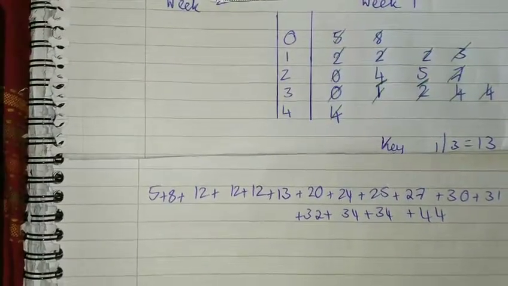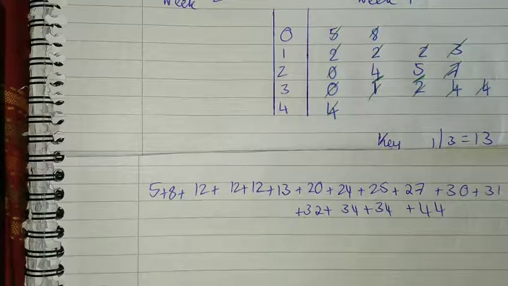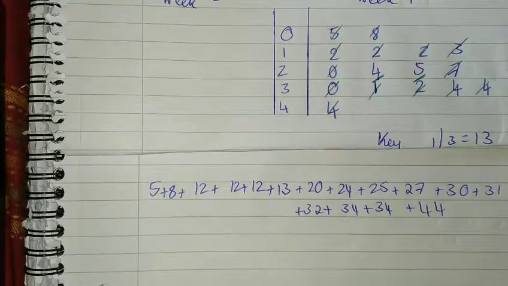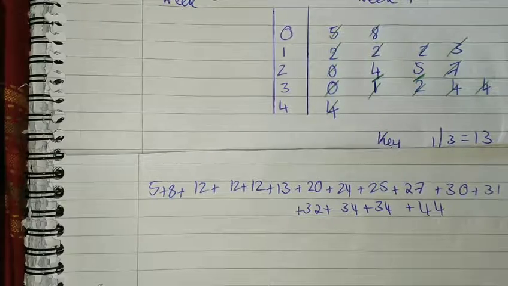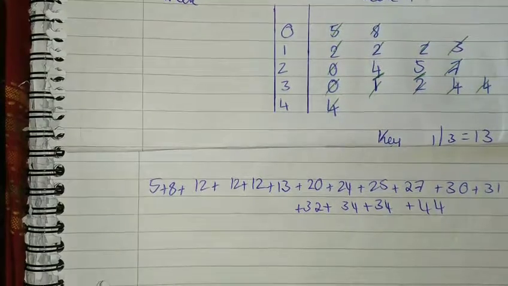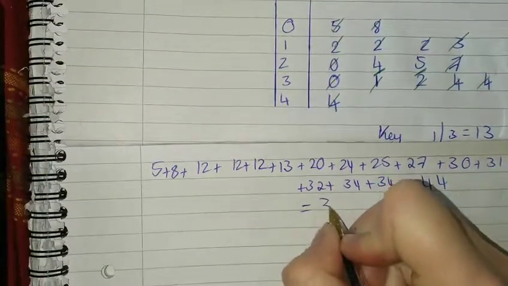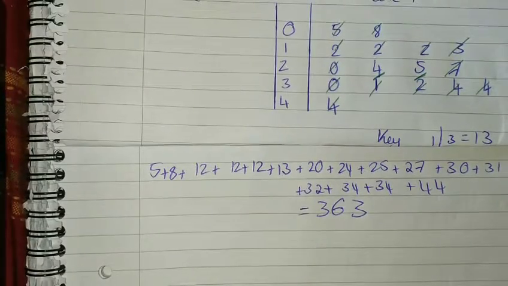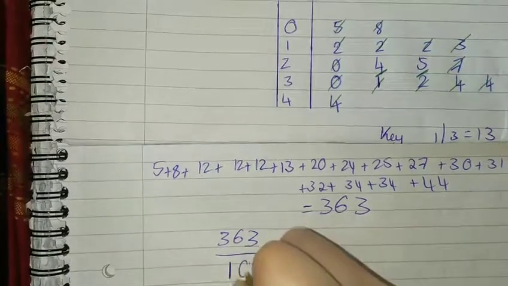So I'm going to add up all of them. When I add up all my values, I get an answer of 363. So I now have to divide by the number of values. I already got that the number of values was 16 when I was looking for my median.